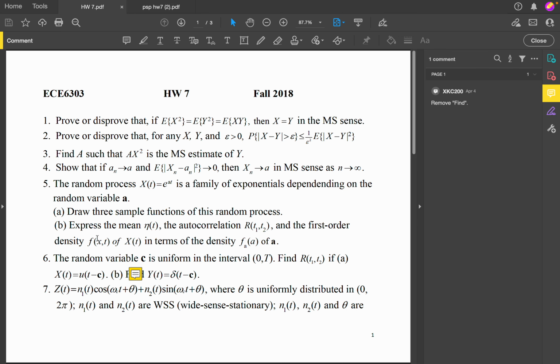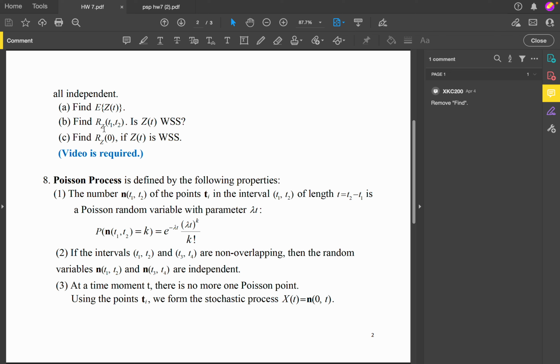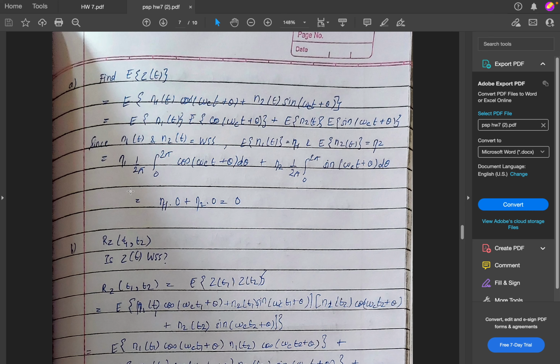Now for the second part, we need to find Rz(t1, t2), which is the autocorrelation, and we also need to comment on whether z(t) is WSS or not.